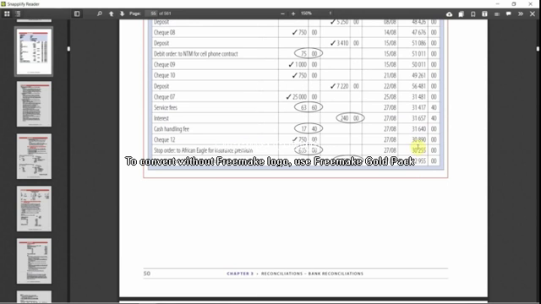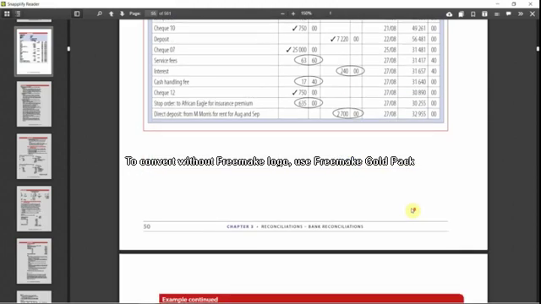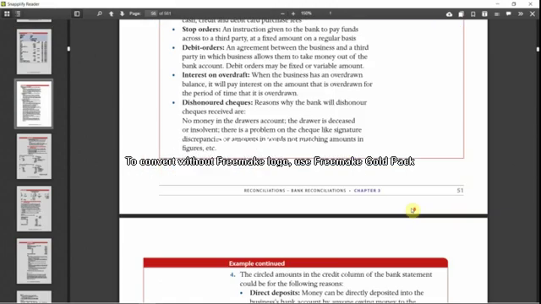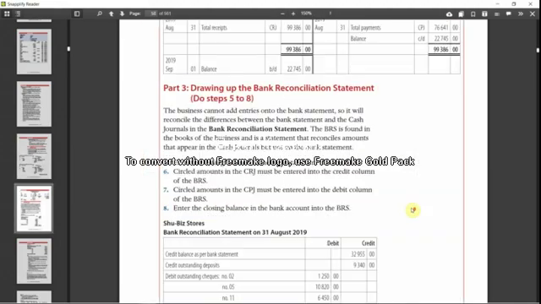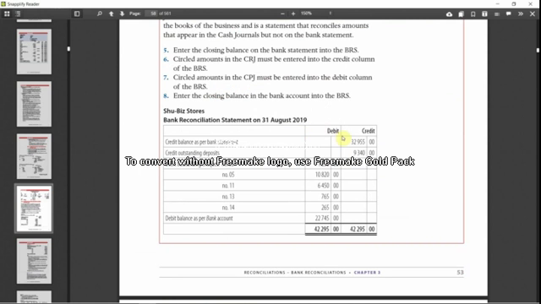You can see this from 32,555, and then there was a direct deposit of 27 that further increased it, so therefore it was a credit balance. So we have a credit balance, therefore, as per our bank reconciliation statement.